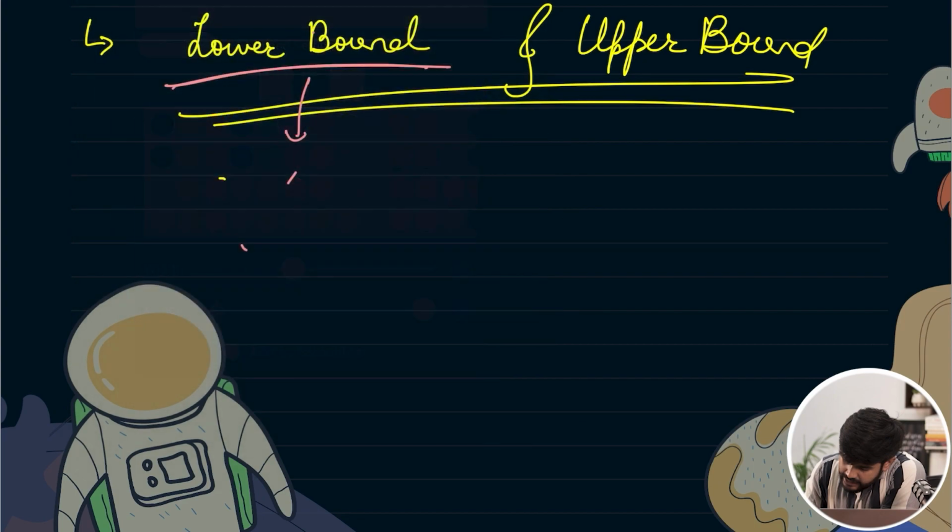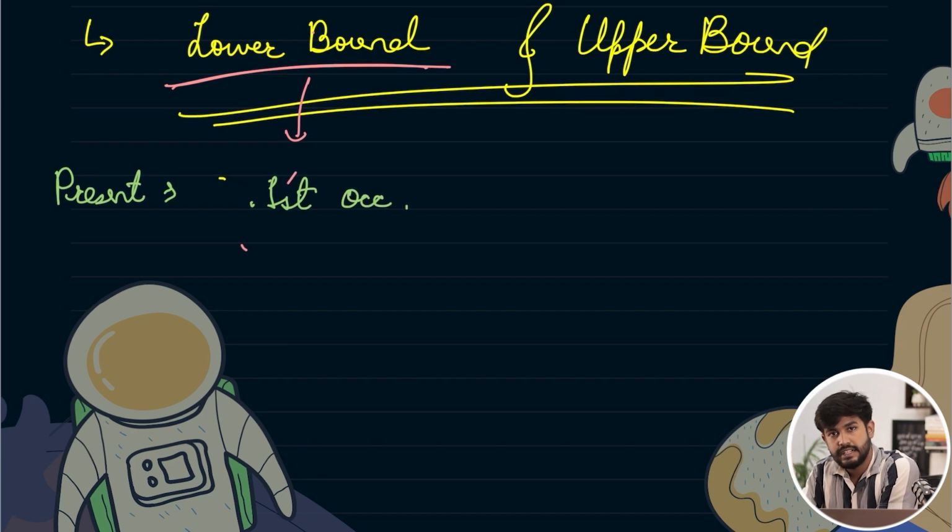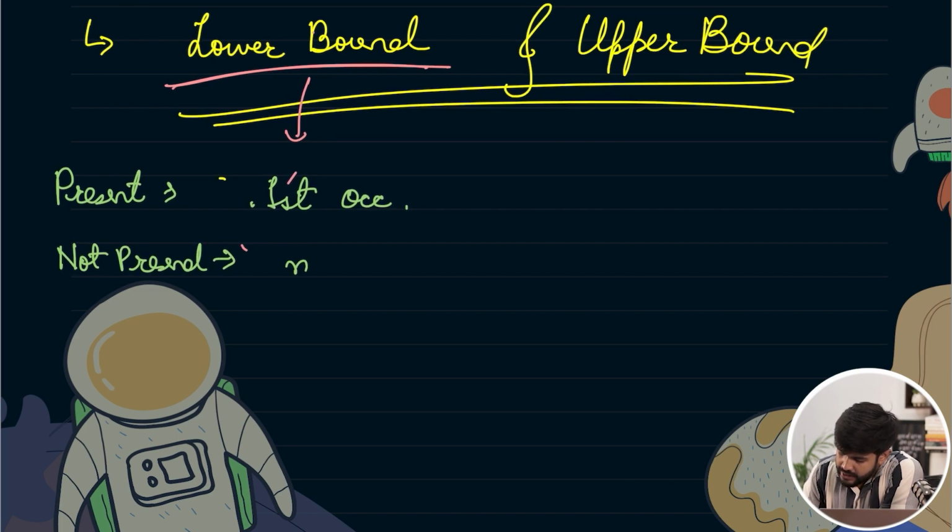If that element is present, then it would return the first occurrence. If it is not present, it would return the next greater element, that is NGE itself.